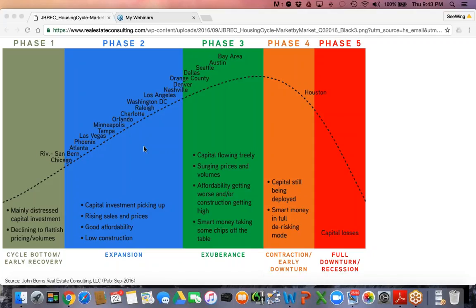That means the price of the investment home you're buying, let's say $150,000, multiplied by 1%, the gross rent should be $1,500. It's a simple calculation. This calculation will make or break you financially, right?